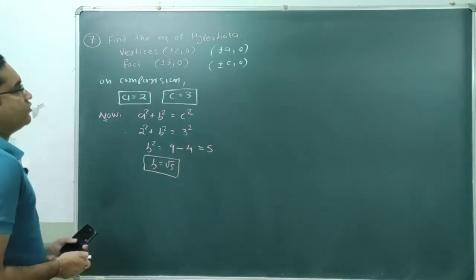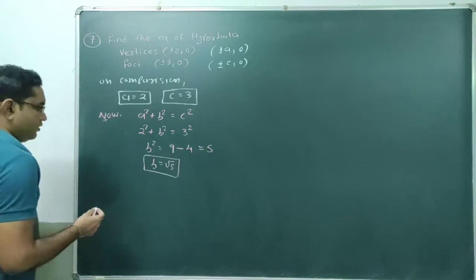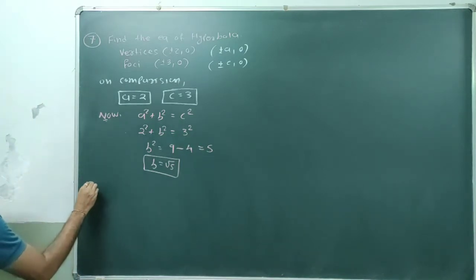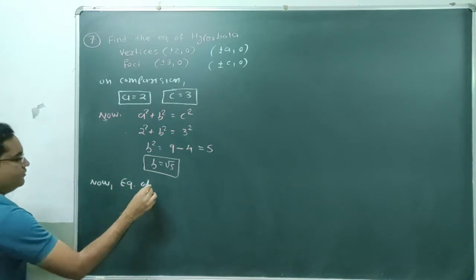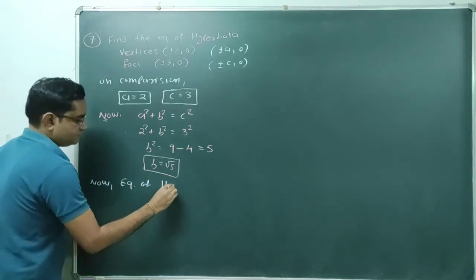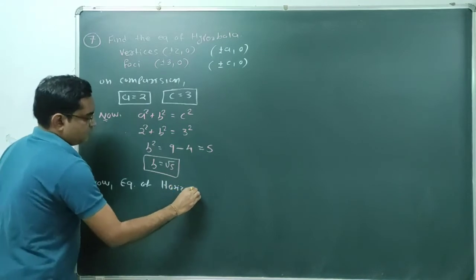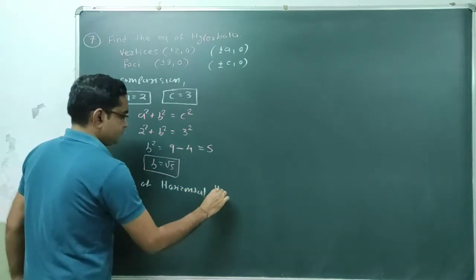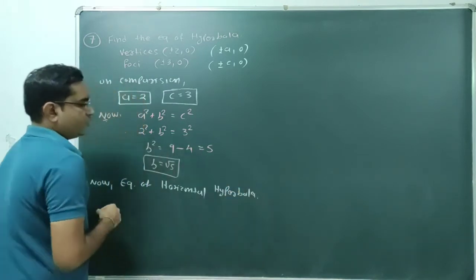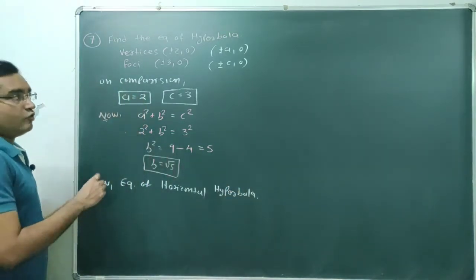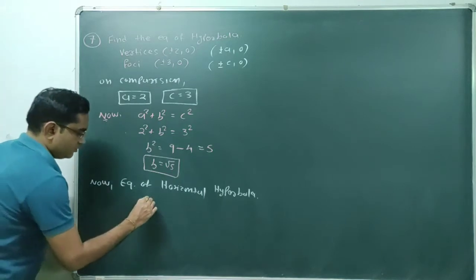So this is the case of a horizontal hyperbola. Now we can write the equation of a horizontal hyperbola. What is the equation? The coefficient of x square will be positive.